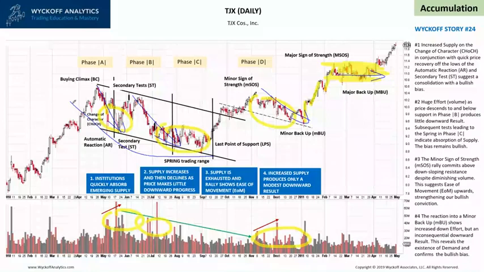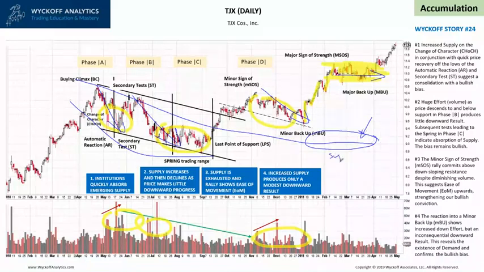I don't know how to draw this. Okay, so from more vertically down to more horizontal. And when we have this, that's when we could say that supply has a specific character. And this character is such that it suggests that supply has been exhausted.